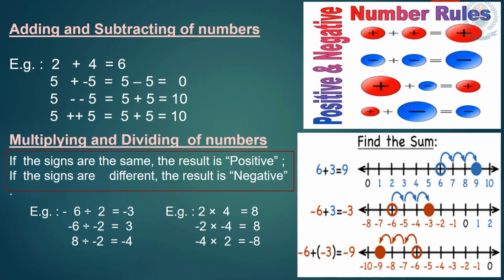In multiplication and division, if the signs are the same, the result is positive. If the signs are different, the result is negative. You have to remember in multiplying and dividing numbers, signs are the same, result is positive. If the signs are different, the result is negative. So, in division also the same. Go through these examples, you can understand.